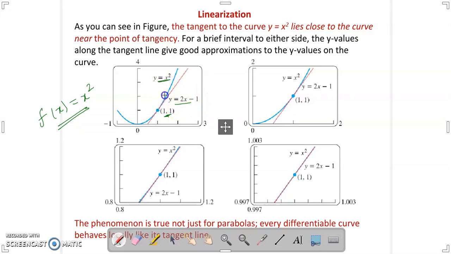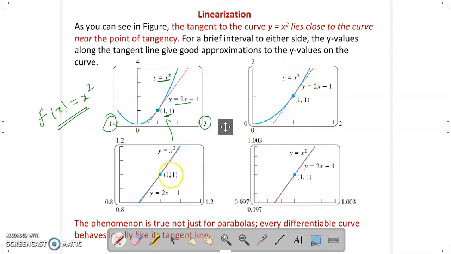You can see the slope of this curve at this point (1, 1): dy by dx is 2x, and at (1, 1) it is 2. So in mx plus c, you have minus 1. So this is the tangent and this is the curve, and this is when you have the interval from minus 1 to 3. Now you just zoom into this graph and you have this interval from 0 to 2, and this is the tangent and this is the curve.